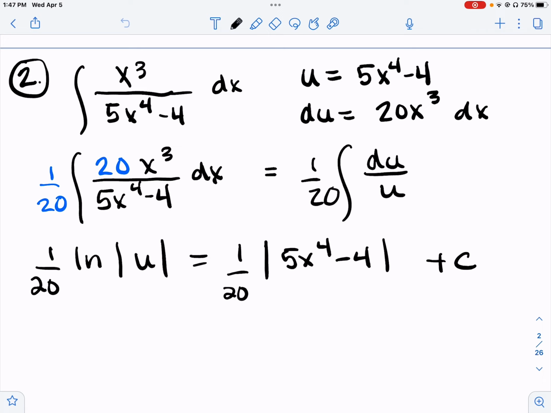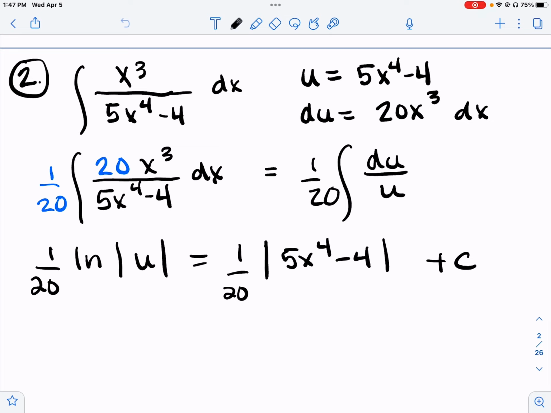Number 2, we've got x cubed on top, x to the 4th on bottom. So we're looking at du over u. So u is 5x to the 4th minus 4, which means du is 20x cubed dx. So we multiply in the 20 and 1/20 outside.